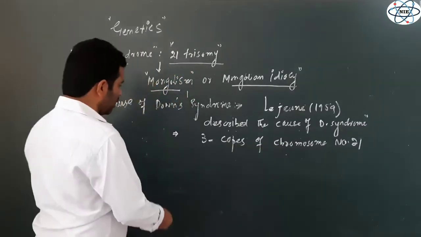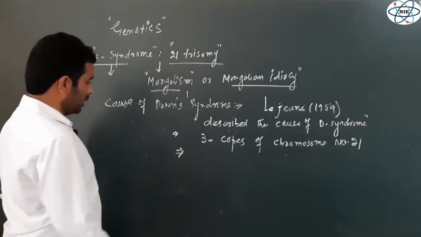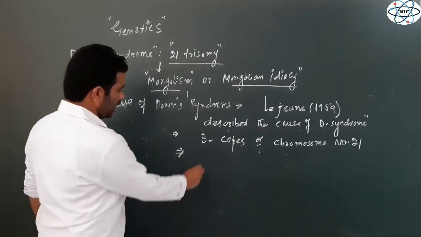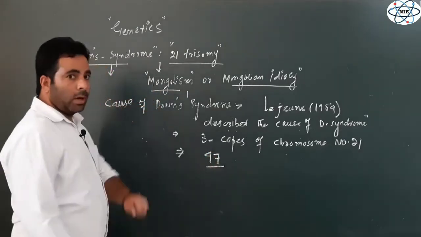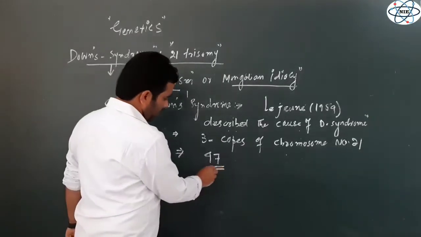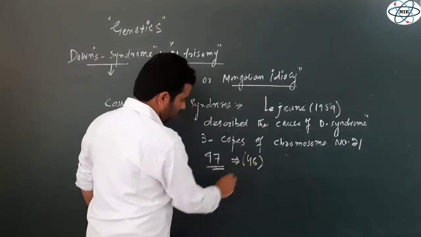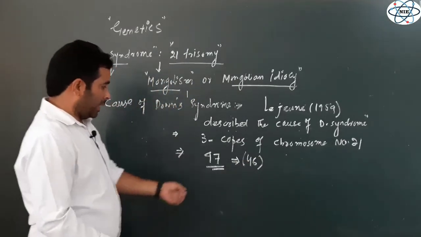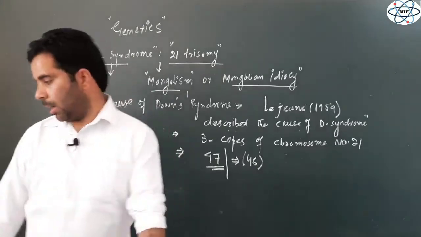So the total number of the chromosomes in this individual with Down syndrome is 47. So one chromosome is extra, one copy of the chromosome is extra. It should be 46. You know that the normal chromosome complement of the humans, whether it is male or female, is 46, but in this condition, the chromosome number is 47.